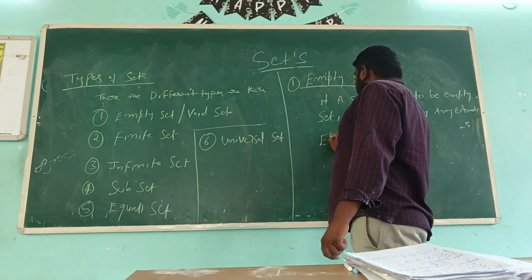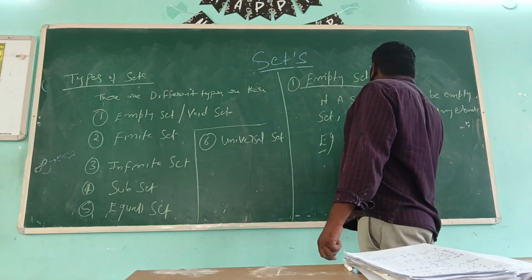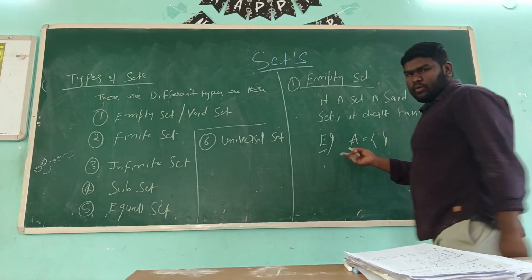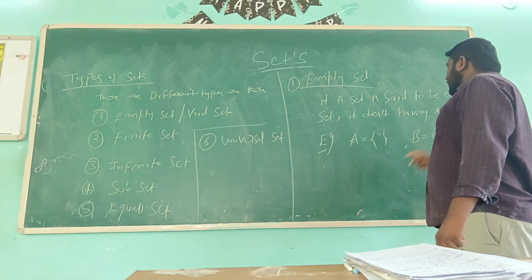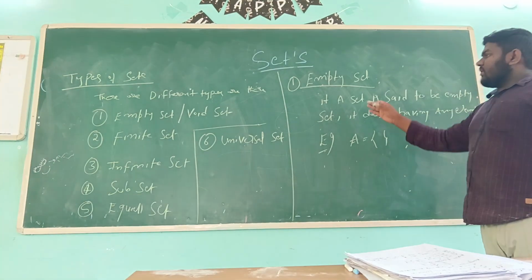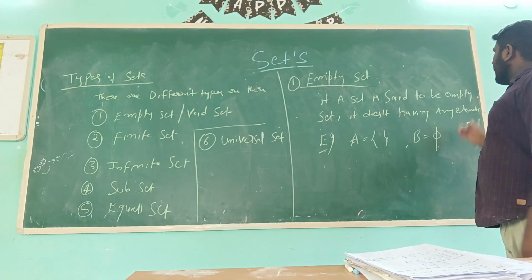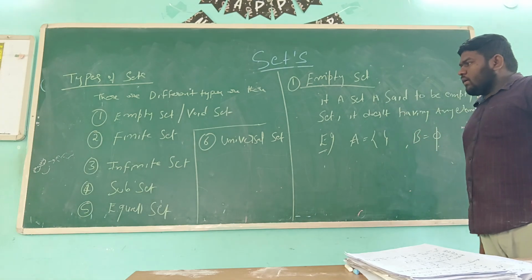Example: A equals to no elements, then B equals to 5. This is an example of the empty set. A set that does not have any elements is called an empty set.